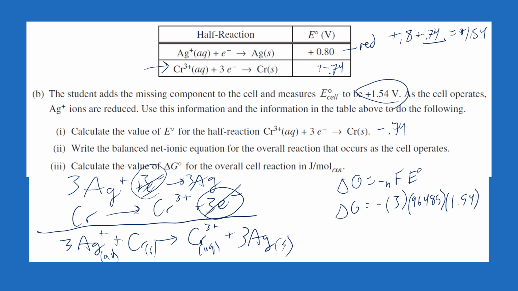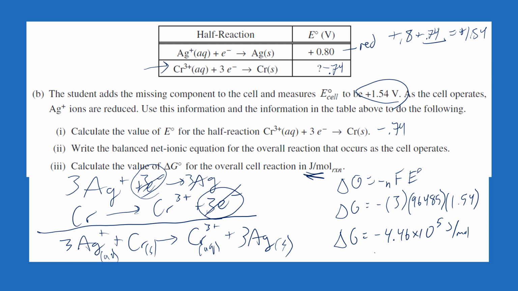So you just need to multiply, and it's asking for it in joules, which is great. So when you multiply that, you get negative 4.46 times 10 to the 5th joules per mole.